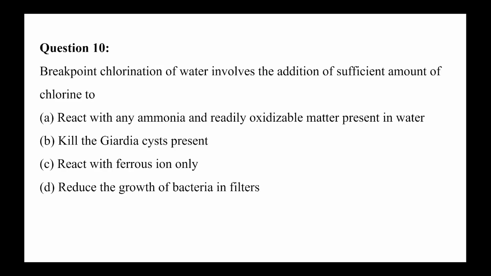Breakpoint chlorination of water involves addition of sufficient amount of chlorine to option A, react with ammonia and readily oxidizable matter present in water. Option B, kill the Giardia cysts present. Option C, react with ferrous ion only. And option D, reduce the growth of bacteria in filters.